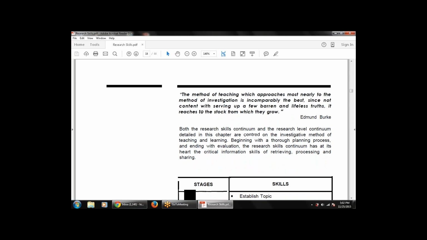Whatever method we are using for teaching, the one that approaches most nearly the method of investigation is the best way of teaching.